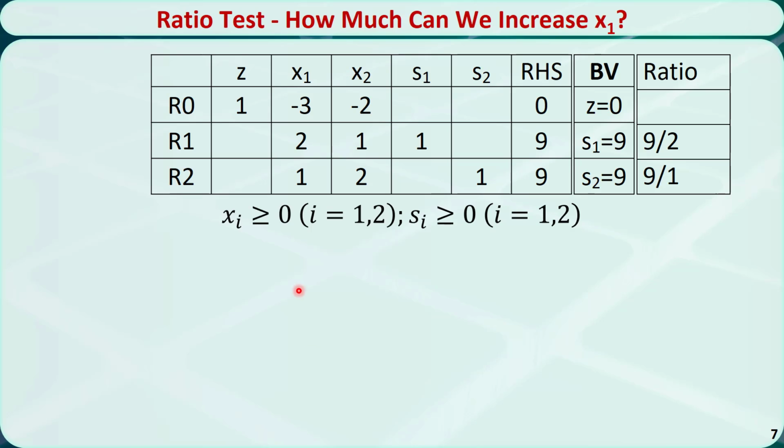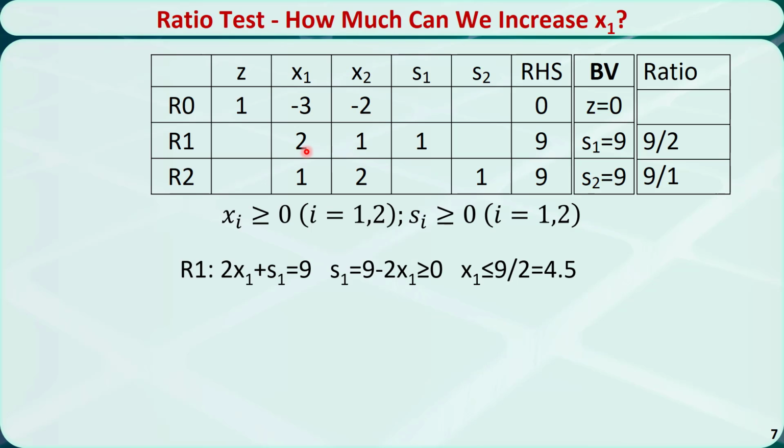For row 1, if x1 is no longer 0, we have to write out this item, 2 times x1. x2 is still a non-basic variable, so its value is 0. s1 is a basic variable, so we put it here. We don't have s2 in the equation because the coefficient is 0. The right-hand side is 9. We rewrite this equation by moving 2x1 to the right-hand side.